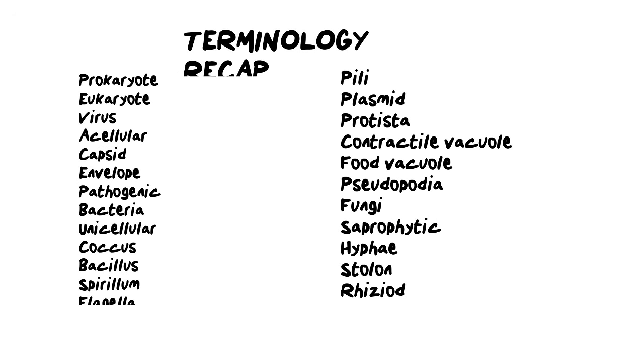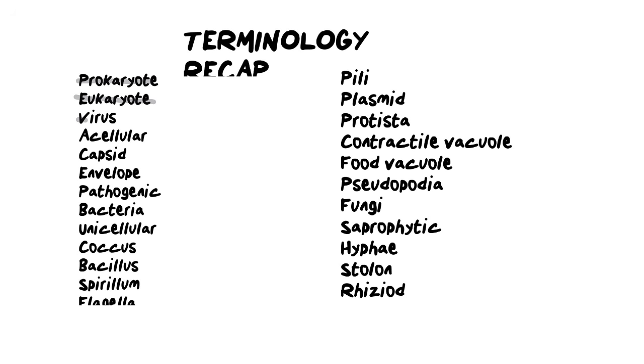Now, as always, at the end of every lesson, I like to wrap up with a terminology recap. So let's take a look at all the words that we've done, and you can use these to create flashcards. Now, we have prokaryotes and we have eukaryotes, which represent the two kinds of cells we get that have either membrane-bound organelles or they don't. We have viruses, which are acellular organisms, which are non-living.